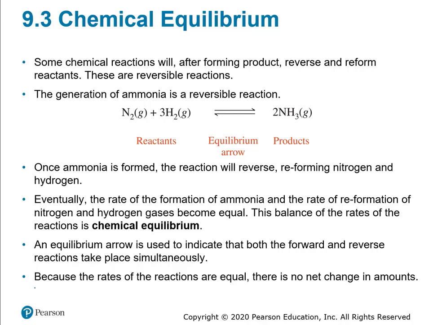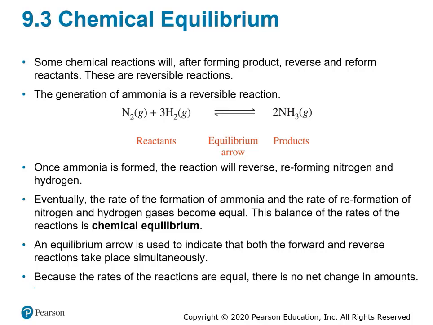And I told you if it's a weak electrolyte, your arrow goes both directions, which means in this reaction where nitrogen and hydrogen makes NH3 or ammonia, if I take nitrogen and hydrogen, they're both gases, and I put them together in a container, a few of the nitrogen and hydrogen molecules will combine and form NH3.